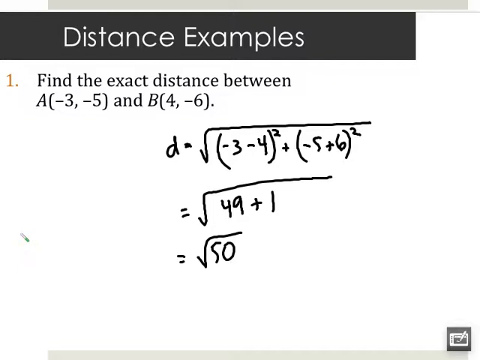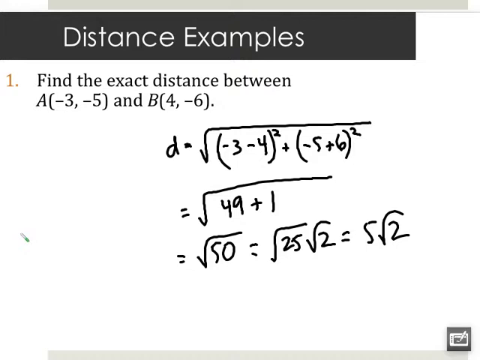We all done there? No? Why not? Because you can simplify it. Yes, you can. Did you simplify it, David? Yeah. So I did the square root of 25 and the square root of 2. Good. I got 5 square root of 2. Well done.